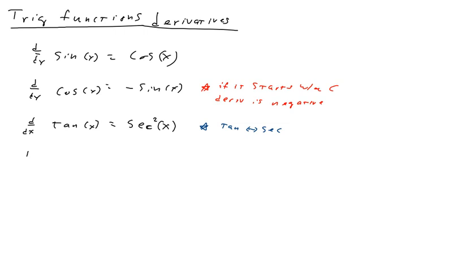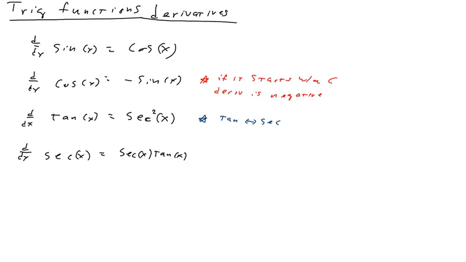So another little rule is that for the secant and cosecant, they are doubled. Like the derivative of secant has two pieces for its derivative. Secant is secant tangent, right? We said secant and tangent go together. The derivative of tangent was secant squared. But the derivative of secant is secant x times tangent x.